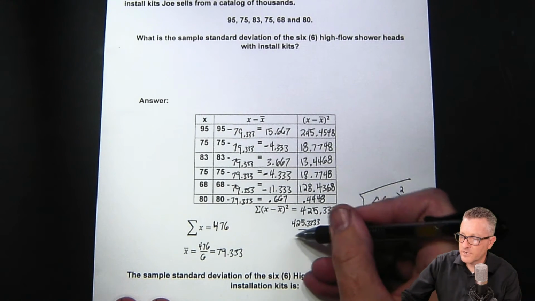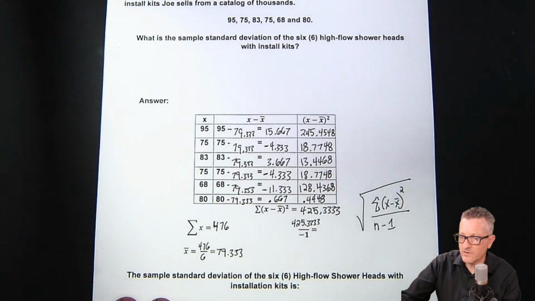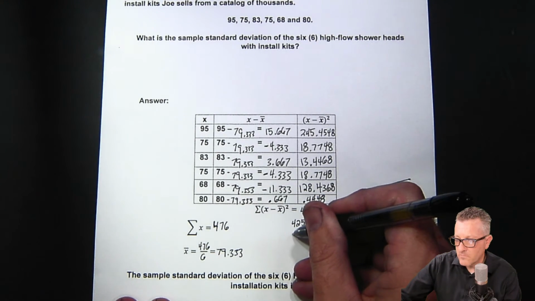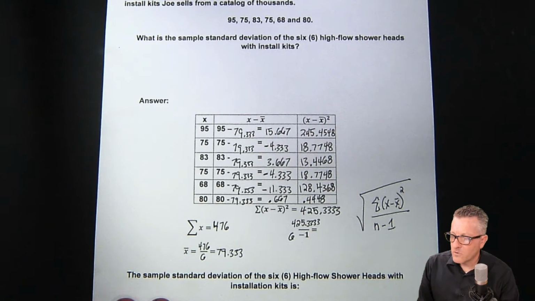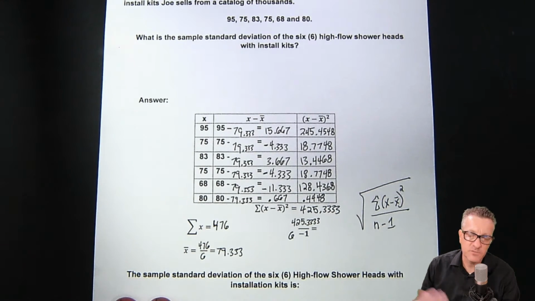Okay. So we need our n over here. And our n is the number of observations, which is 6. So we put a 6 right here. Now we subtract 1 from our 6, we get 5.